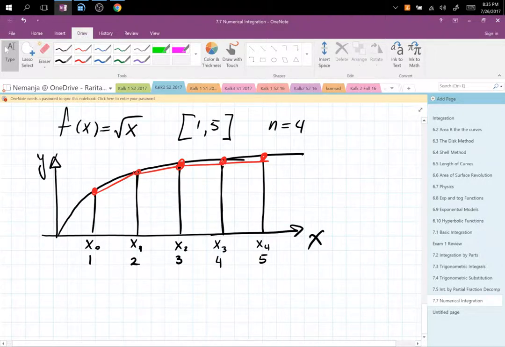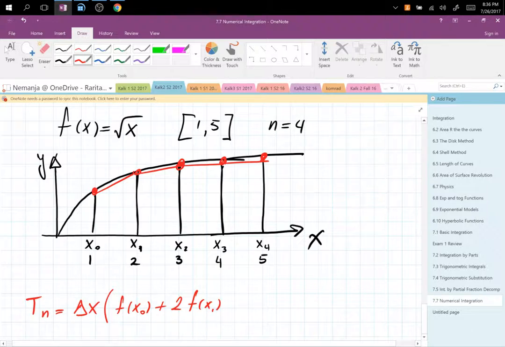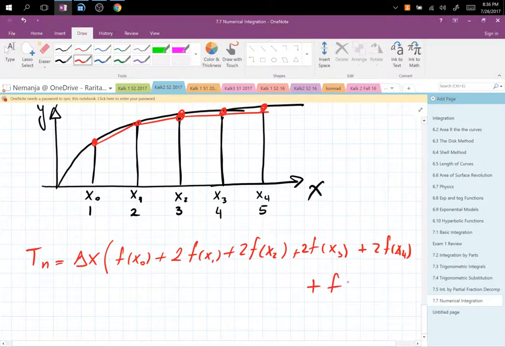The trapezoid rule formula is Tn is equal to delta x times, and now I have f of x0 plus 2f of x1 plus 2f of x2 plus 2f of x3 plus 2f of x4, and then finally plus single f of x5.